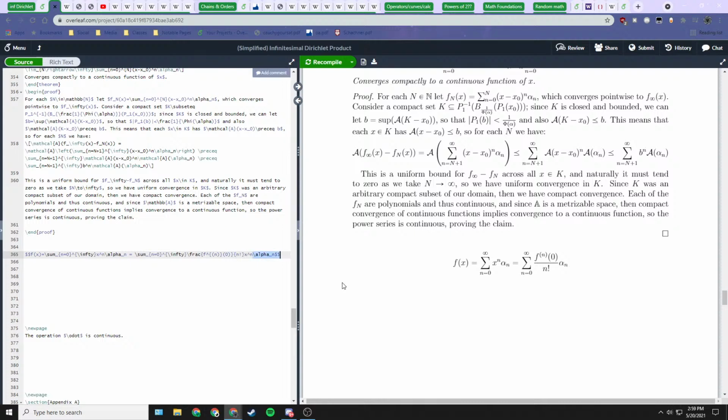Alpha sub n actually doesn't need to be there. So it would just end up being like this. If you want to translate this, instead of doing 0, we can do x sub 0, and we could do x minus x sub 0. So if we assume analyticity, we would end up with this formula.